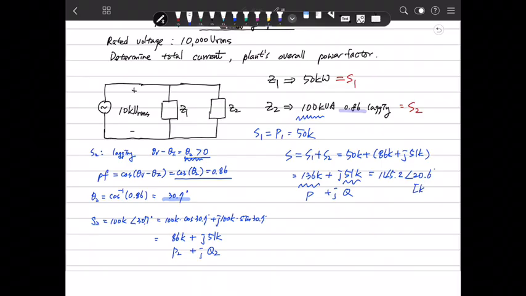The unit is kVA. So we know that this is a load angle, so we can calculate the power factor as cosine 20.6 degrees, so there will be 0.94, and that will be positive, so that means lagging power.